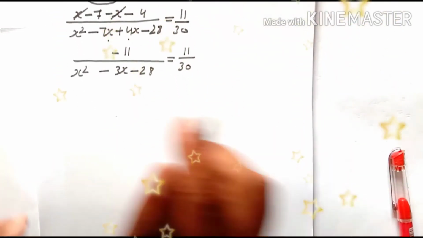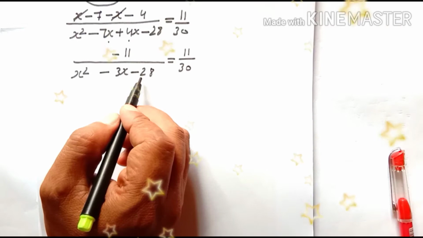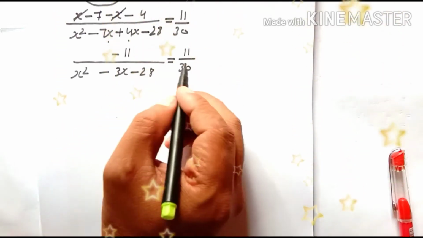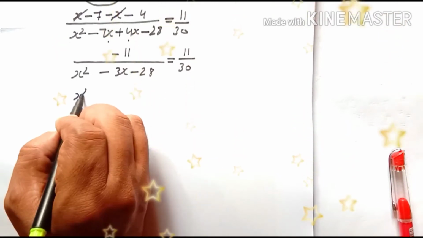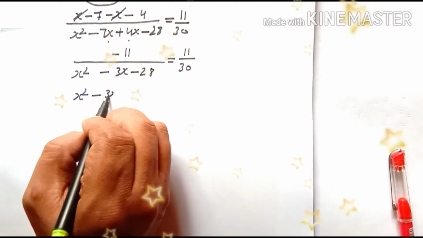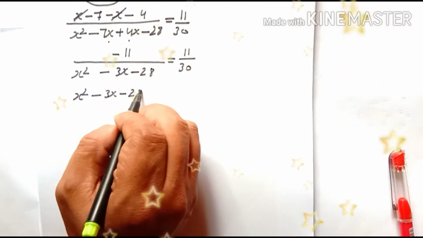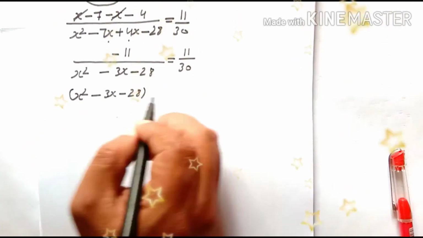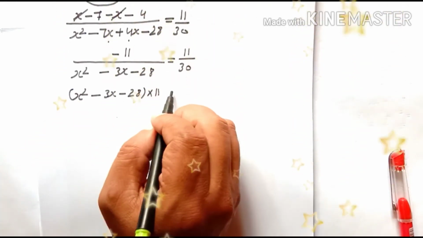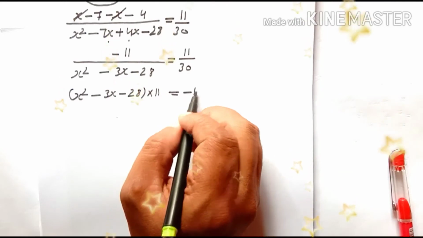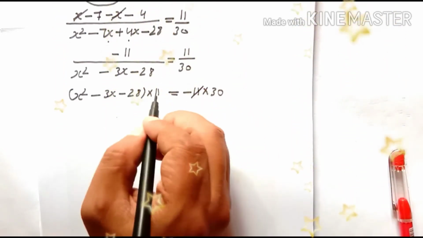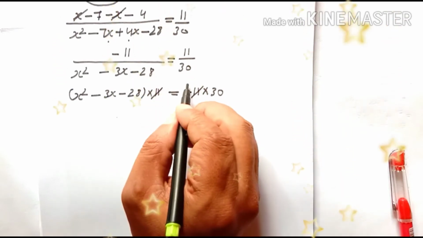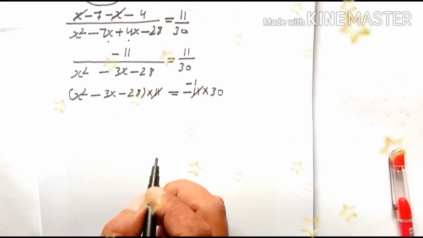After that, all these three terms are unlike terms. The only option left is to take a cross multiplication. So x square minus 3x minus 28, we are multiplying by 11. Likewise, minus 11 into 30. So minus 11 you can cut, but here it will be left with minus 1.